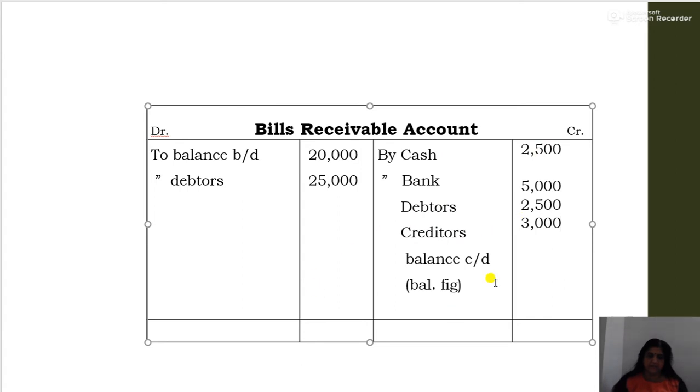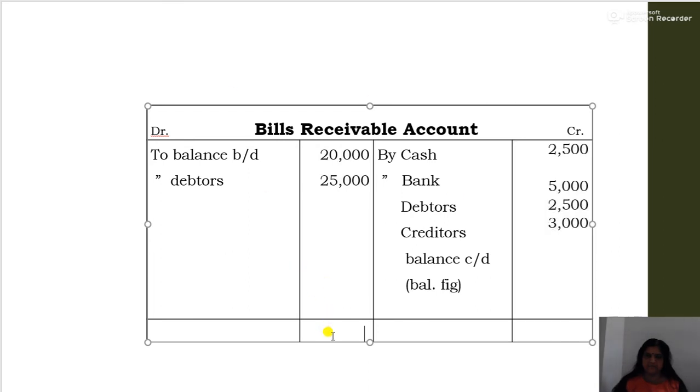So here we have to compute the closing balance of bills receivable, that is balance carried down, which is the balancing figure. So here the total will be 45,000. Then on the credit side it is 2,500, 5,000, 2,500 and 3,000.